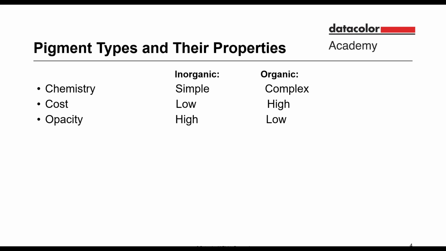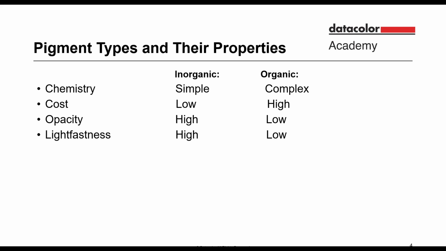Opacity for inorganic colorants is very high. So where hide is important, especially in retail matching for paint products, it's important to get as opaque as possible with the colorants that you have. Whereas organic colorants often have a very low opacity rate and require either a higher level of TiO2 in your base or a higher level of colorant overall.